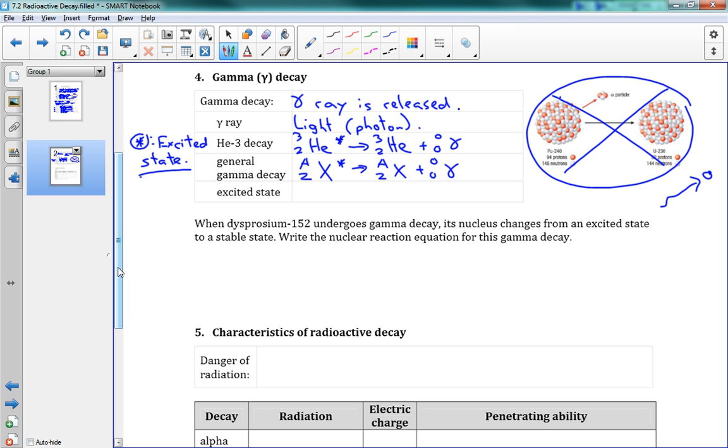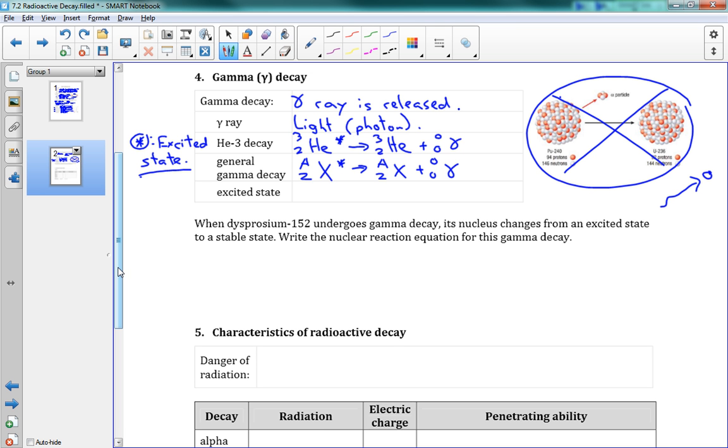Okay, so I keep on saying excited state. What do I mean? Do you remember in the last lesson we talked about electrons and how they can be in different shells? They can bump up to a higher level if they want, and they're in this excited state for a while, and then they pop back down and they release a photon. That's what this is.